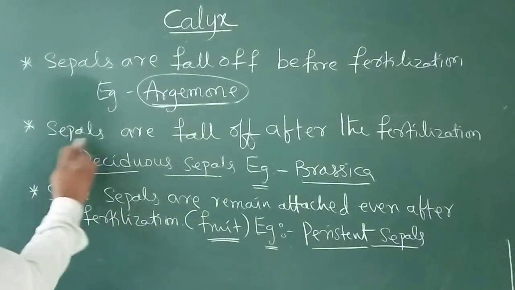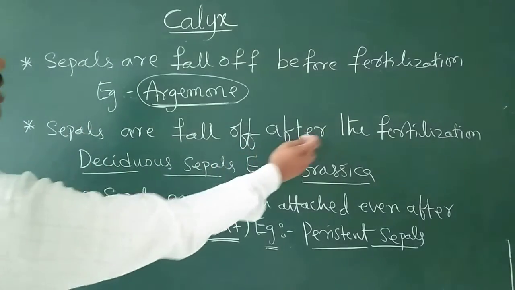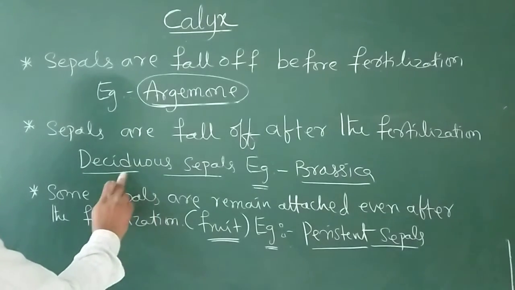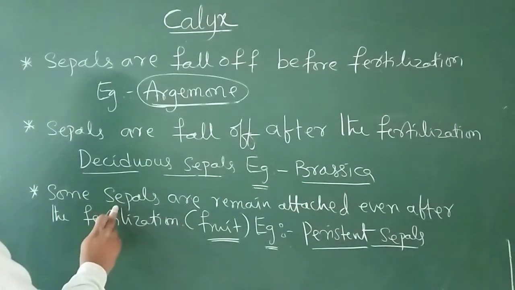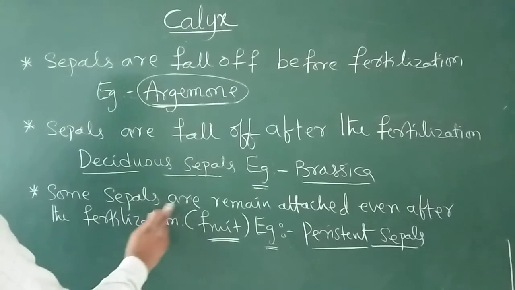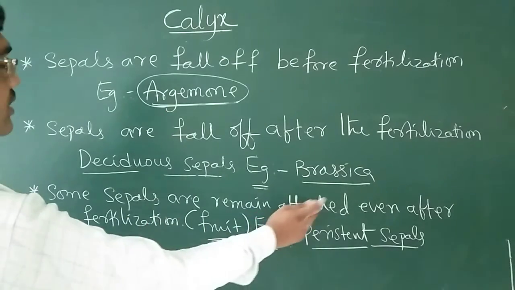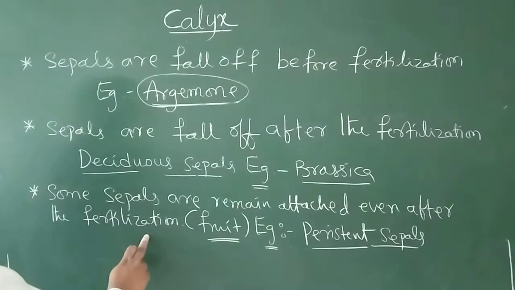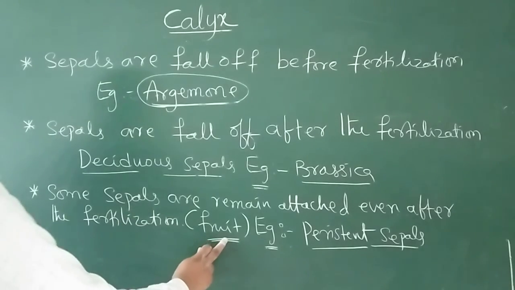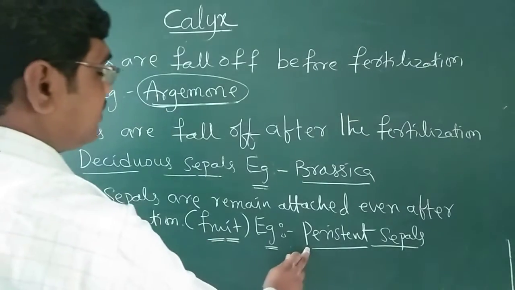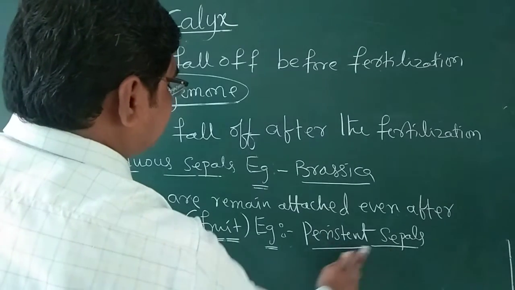So these are the three types of sepals in flowers. If the sepals fall off after the fertilization, they are deciduous sepals. Example, Brassica. In some flowers, sepals remain attached even after fertilization, attached to the fruit. This type is called persistent sepals.